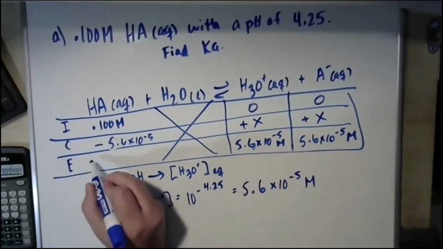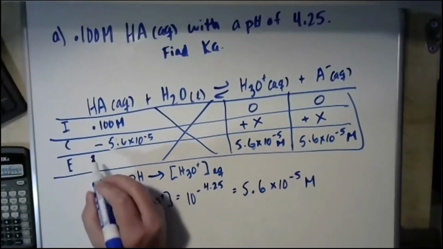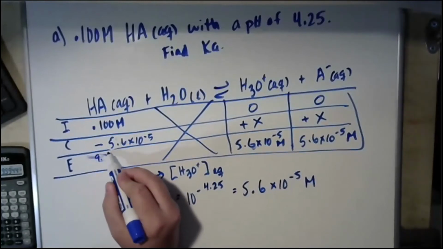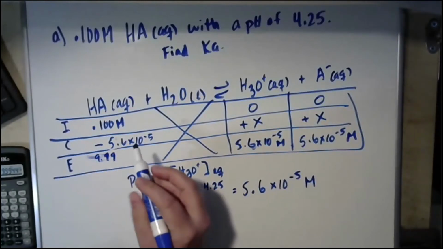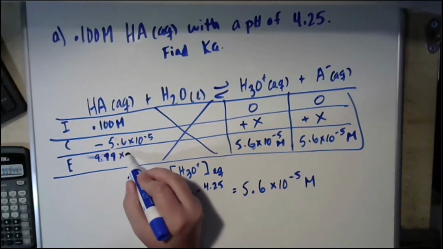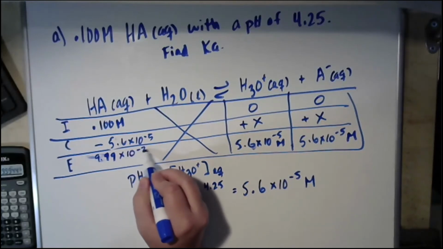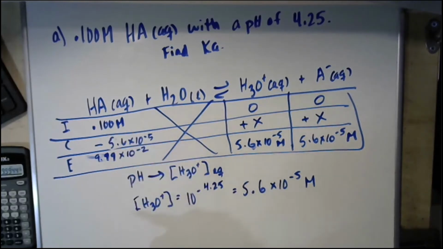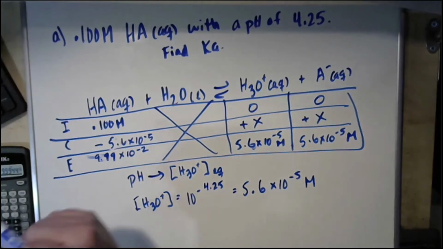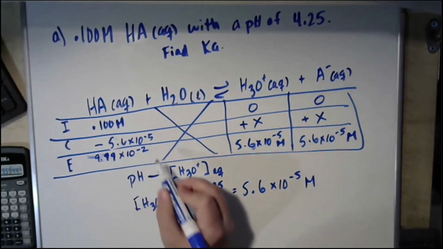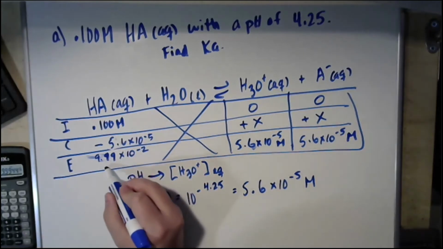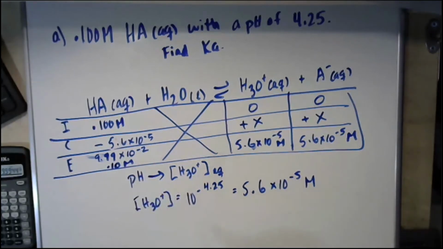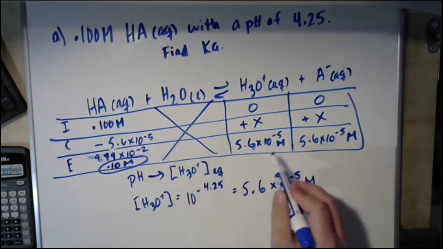I'm going to write down the number and then we'll put it to the right number of sig figs. It's 9.99 times 10 to the negative 2. So when we round that, it's going to be 0.1 molar again.